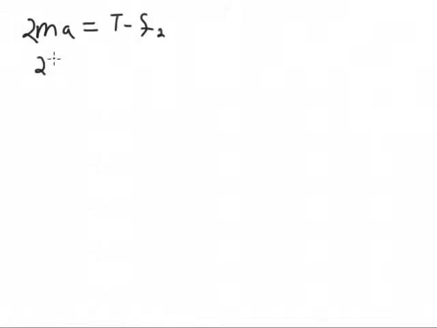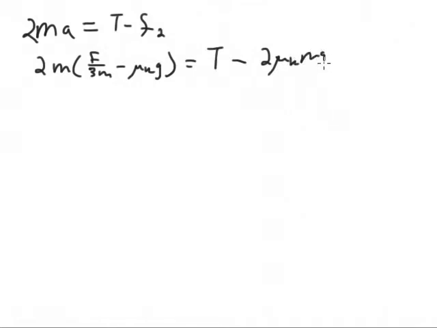So that's 2m times A, which we found was F over 3m minus mu k g, is equal to the tension minus 2 mu k mg.